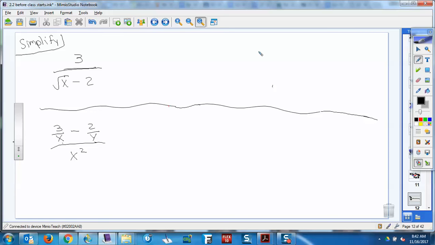So the bottom one here is a common denominator. Before we can do anything with this, we need to get the top together into a single fraction. So if you're going to bow tie this, we would take y times 3. So we have 3y. Then minus 2 times x, and then it would be all over what?